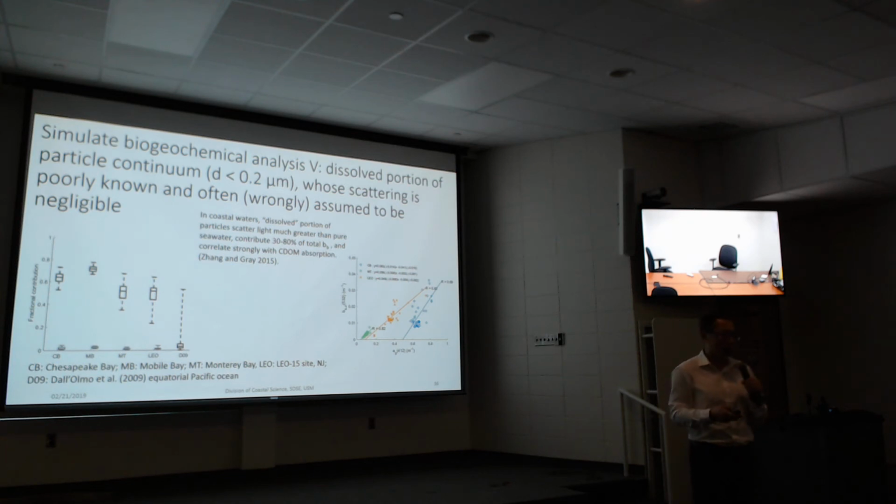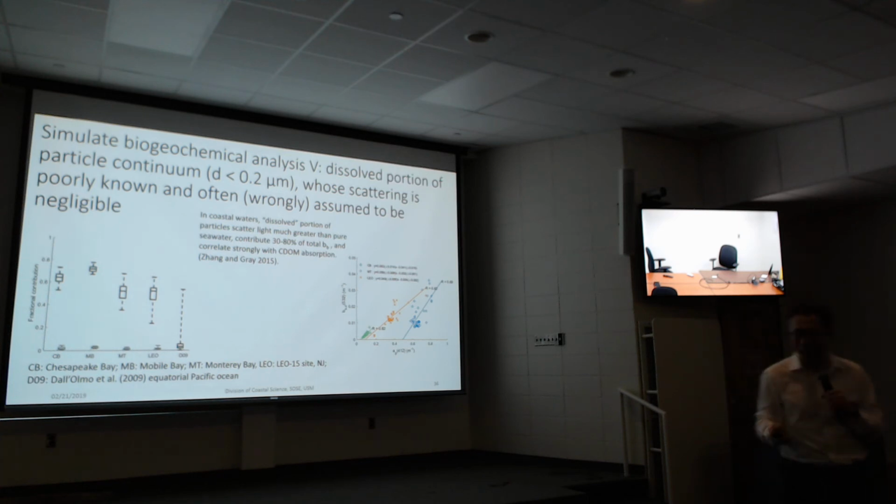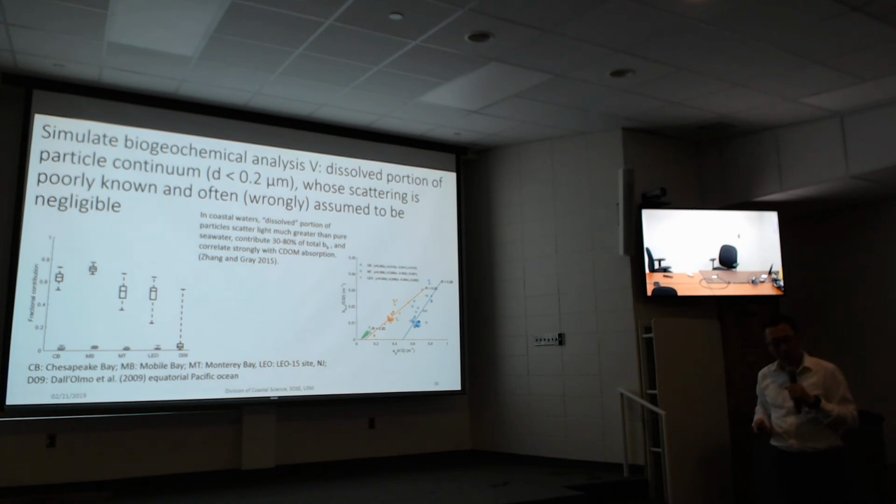Actually, all particles scatter light, we just don't know how much. What we found is that those smaller, dissolved particles scatter light quite highly, particularly in the backward angle. They can contribute 30 to 80% of the scattering in the backward direction. We also find that their backscattering correlates very well with absorption, meaning those two are very similar, or they are the same particle pool.